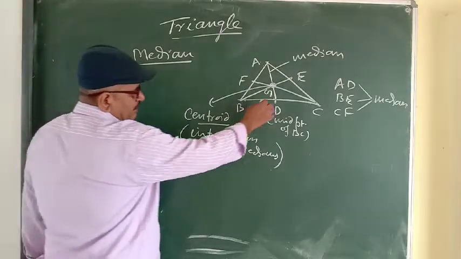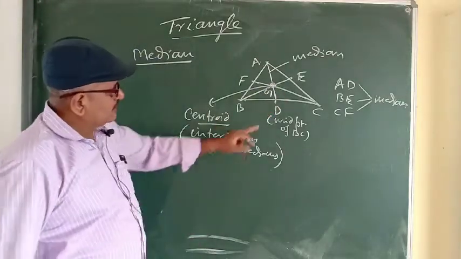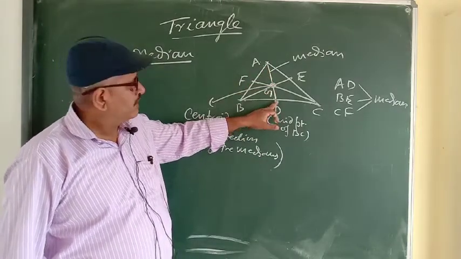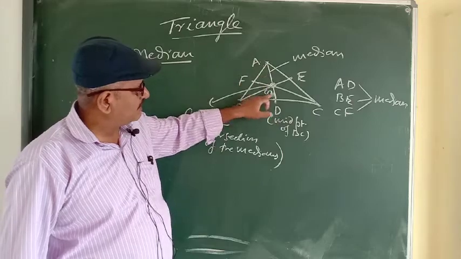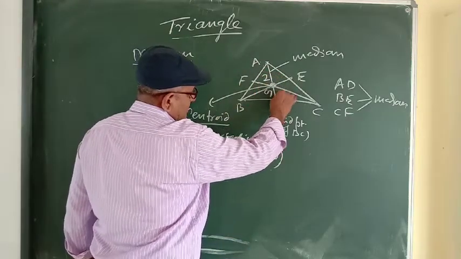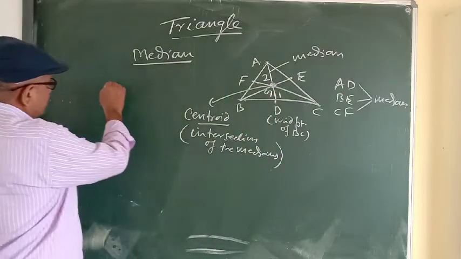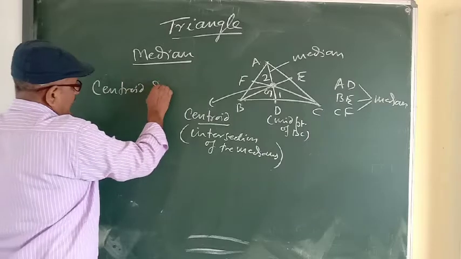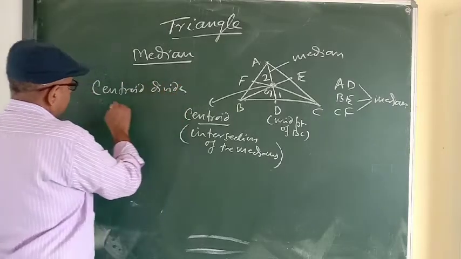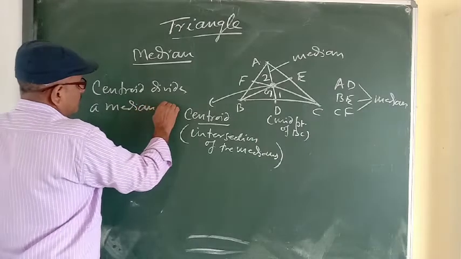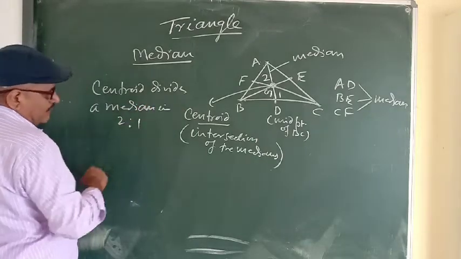What is the property of this centroid? The centroid divides the median in 2:1, 2 from the vertex and 1 from the base. So AG is 2 and GD is 1. We can write here, centroid divides a median in 2:1.